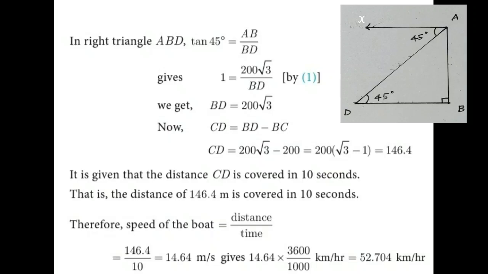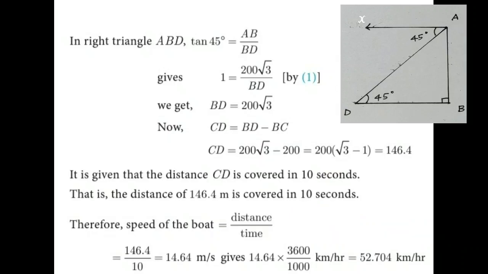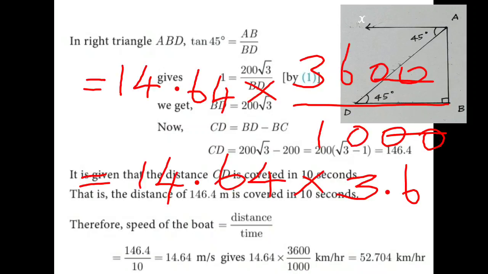The question asks to convert this to kilometer per hour. Right. Then 1 hour is equal to 3600 seconds and 1 kilometer is equal to 1000 meter. Then speed of the boat is equal to 14.64 into 3600 divided by 1000.